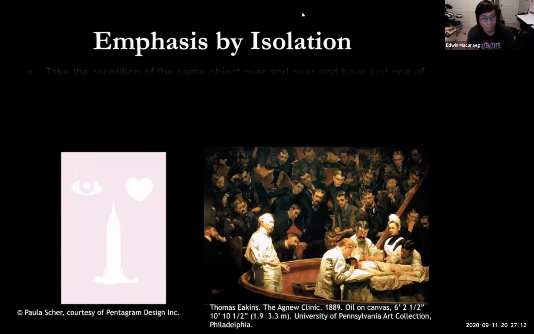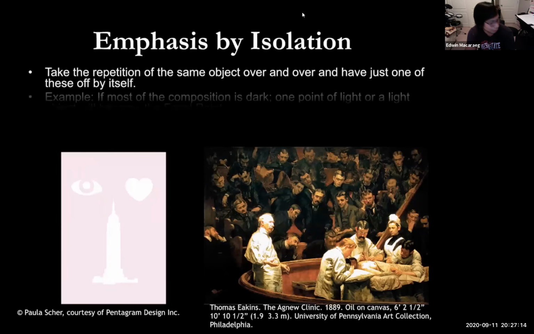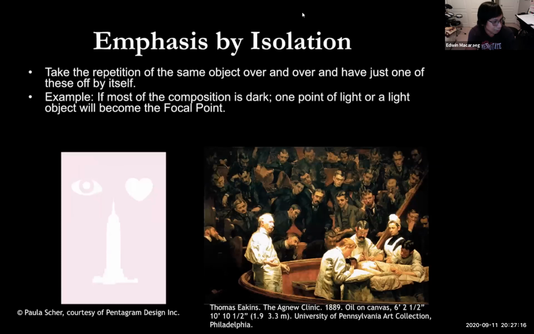Okay, another emphasis, again, by isolation. Take the repetition of the same object over and over and have just one of these off by itself. So it's almost similar to what we explained earlier. And I am looking at the Paul Scher design here.